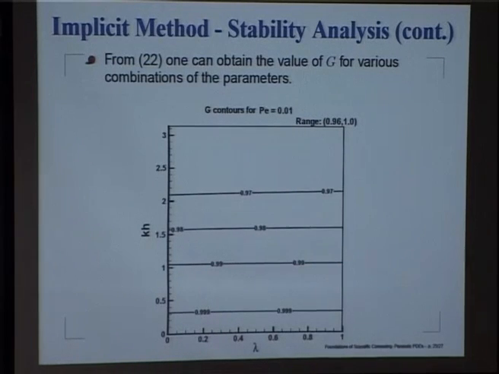The interesting bit is what is written on the top right corner here. This is the range of values of G in the whole space. If you now go back, look at this range, it is ranging between 0.96 and 1, right.